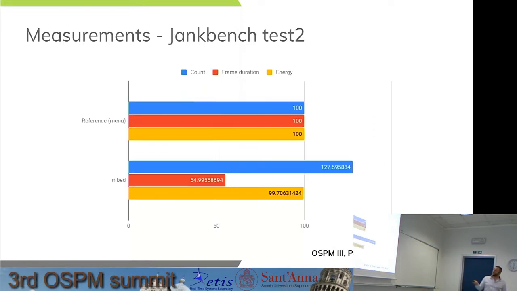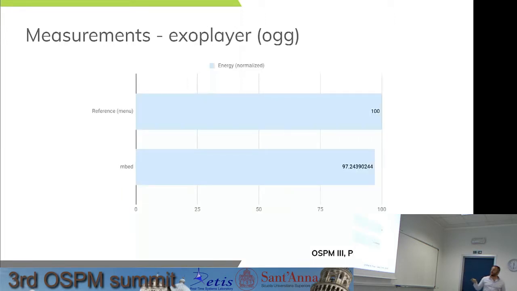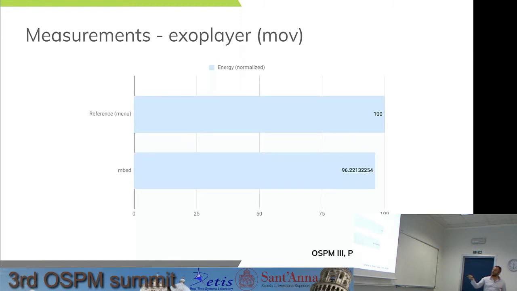For the other test, it's something similar. We have better energy for better performances, and that's for the exoplayer. So the result is 97, so more or less 3 to 4% of energy saving.